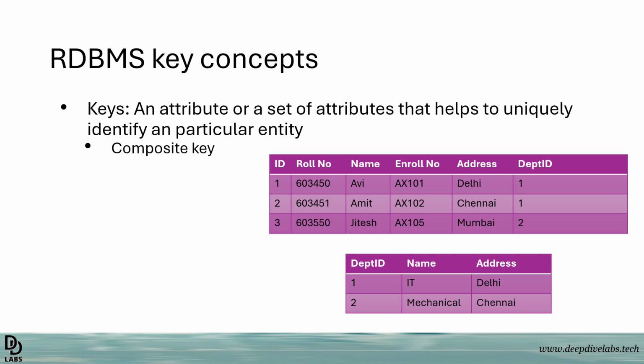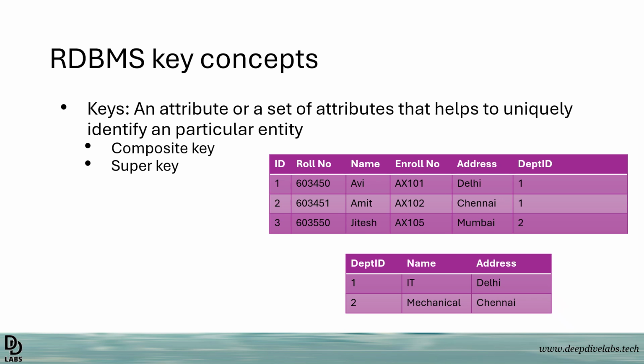A composite key is a combination of a set of attributes, right? For example, roll number and name can together be a key, or enrollment number and name can be a key, right? So a composite key is a set of attributes. Now let's take a look at what a super key is.